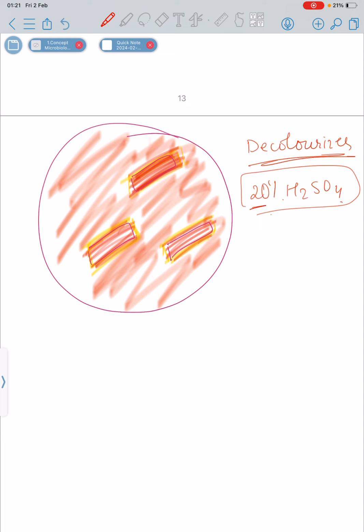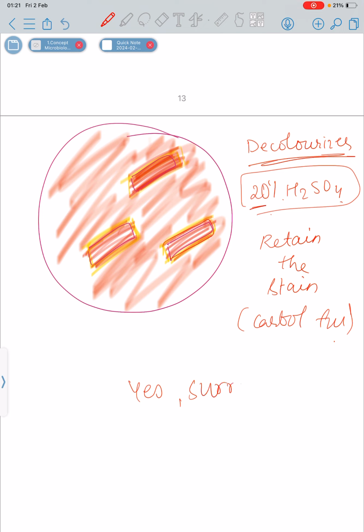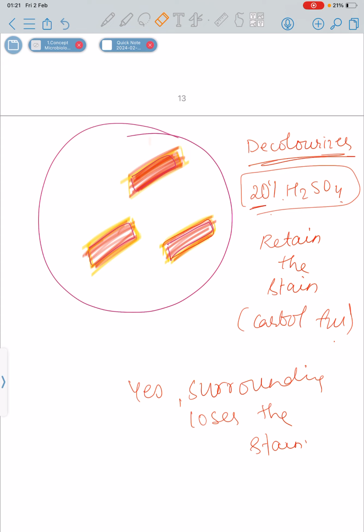So the cell will retain the stain, that is, it will retain carbol fuchsin. What about the surrounding? Yes, the surrounding loses the stain. Okay, this is the second step.